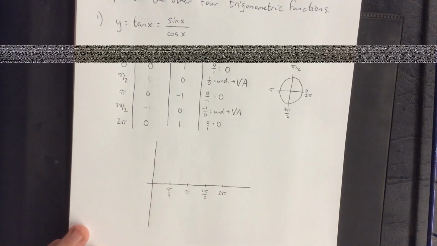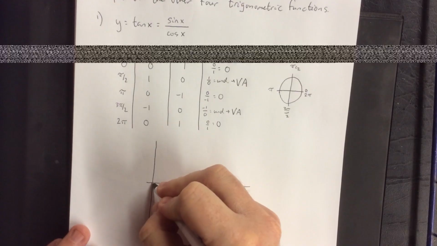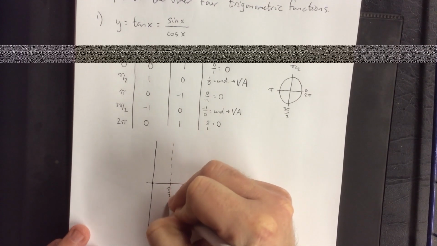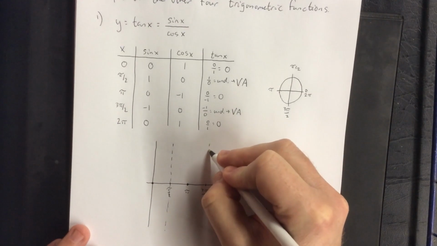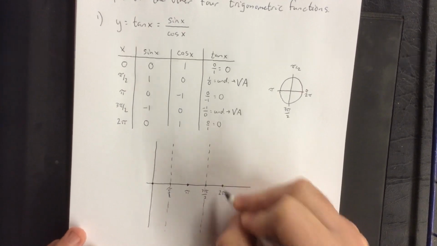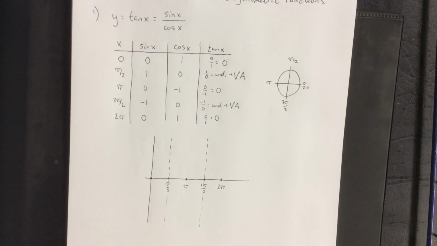I'm going to plot everything that I know from this table. So we will have an x-intercept followed by a vertical asymptote followed by an x-intercept followed by a vertical asymptote followed by an x-intercept. Allegedly, that's enough information for us to figure out what this graph is going to look like. We're going to make it work.